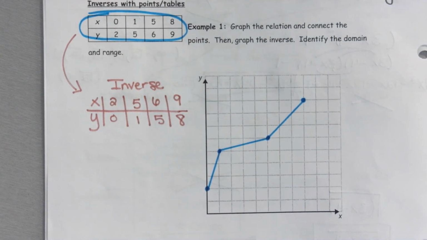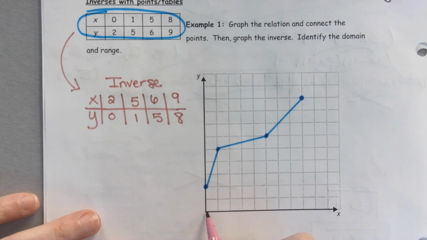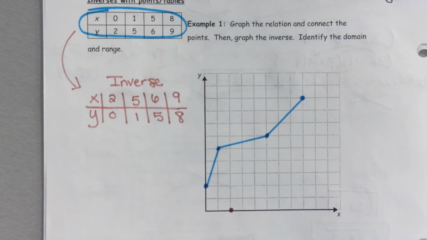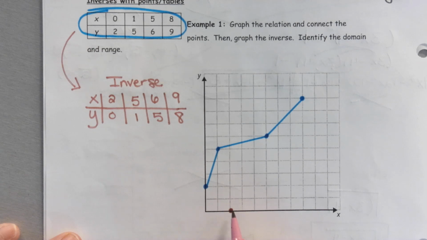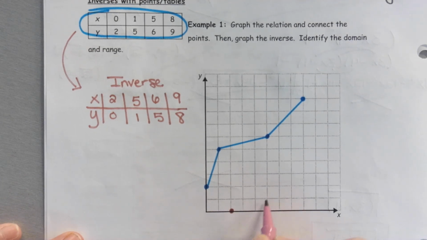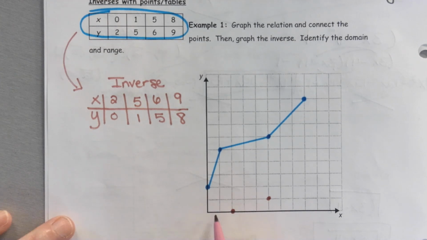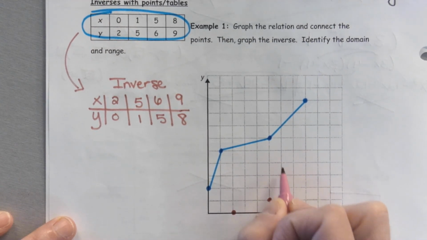Okay, so now let's graph those. I'm over 2, I'm up 0. I'm over 5, 1, 2, 3, 4, 5, up at 1. I'm over 6, and I'm up at 5: 1, 2, 3, 4, 5.